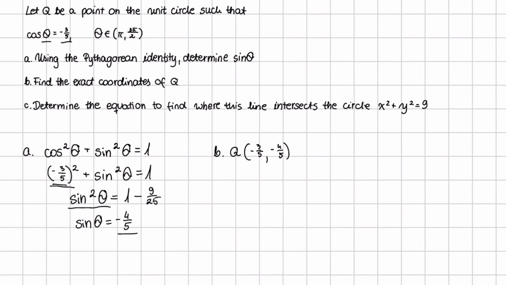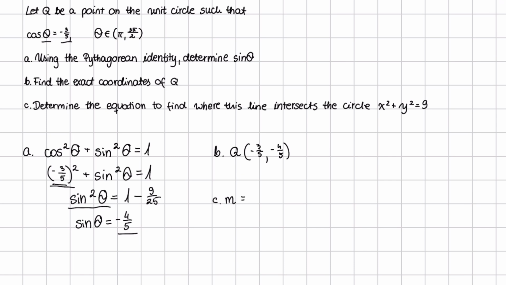C. Determine the equation to find where this line intersects the circle x squared plus y squared equals 9. So firstly, let's find our gradient. And for the gradient, we have a gradient formula in our booklet in functions section.